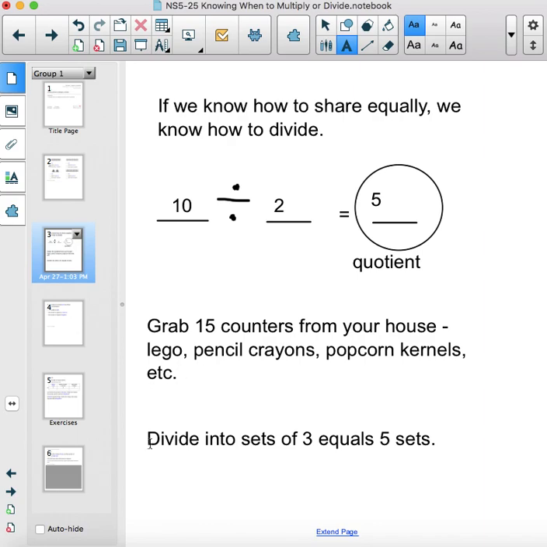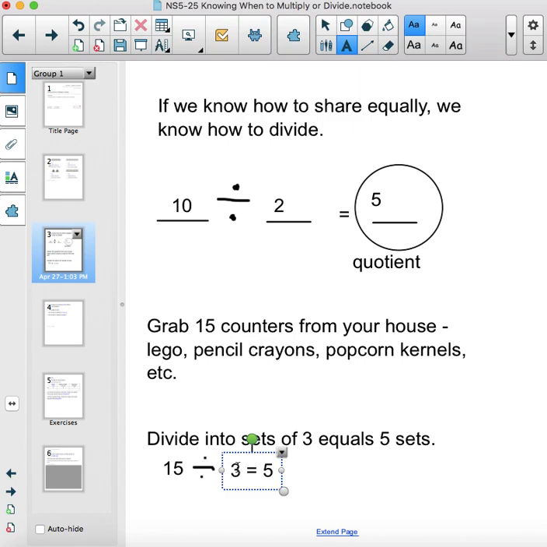Okay, so if we were to write an equation for what you just made at home, our equation would be 15 divided by 3 equals 5.